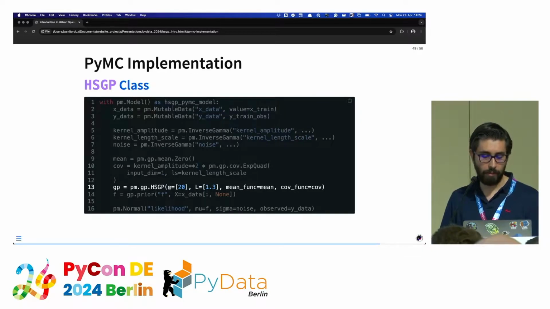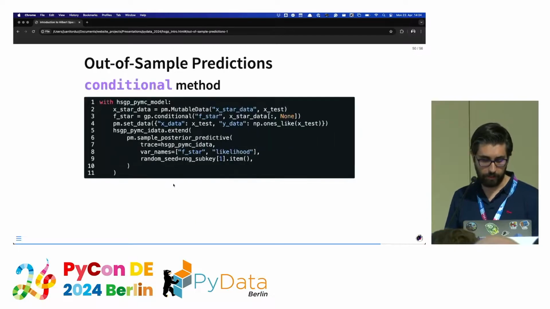But now you have certain control of the number of functions to use. In this case, I'm using 20, and the L, which is the size of the box. So hopefully, if you use PyMC, you already know that this L has to do with the Laplacian, where I'm doing the approximation, and this M has to do with the eigenvalues and eigenfunctions that I take.